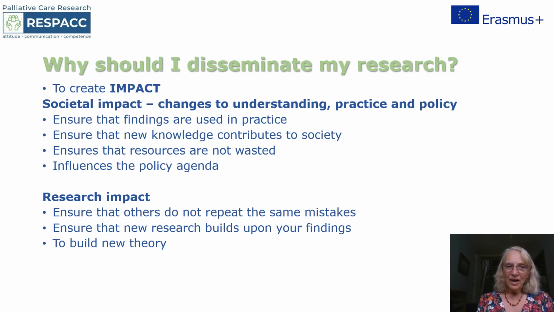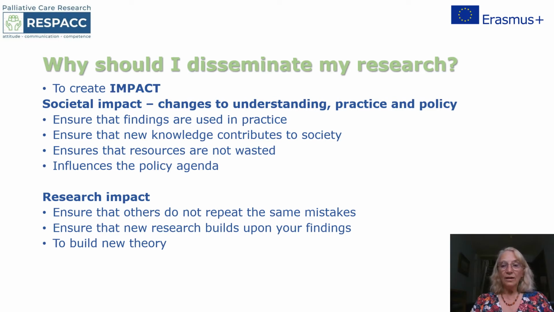The other type of impact, of course, is research impact. We need to be honest when we communicate about our research, about things that don't go as well as we hoped or are not possible to do, so others do not repeat the same mistakes.